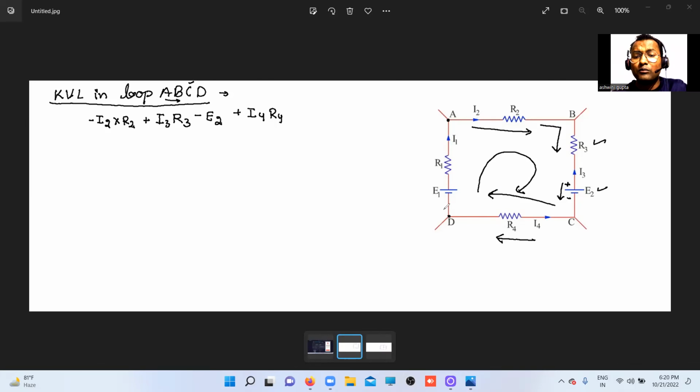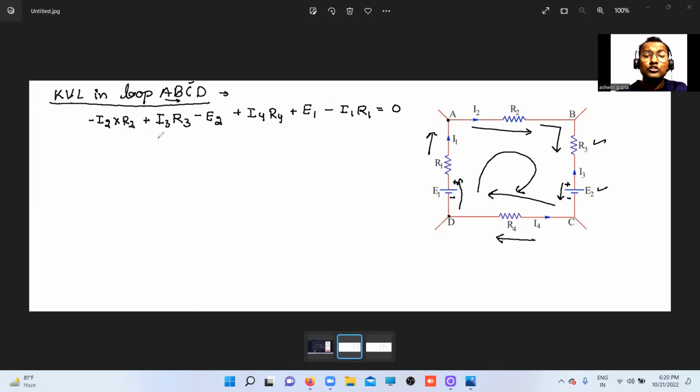Moving from D to A, we face a potential rise from minus to plus, so for negative to positive, it will be considered as plus E1. Now the current is in the same direction where we are moving, so it will be minus I1 R1, and hence we are at point A again. So the loop has been done. It will be equal to 0.